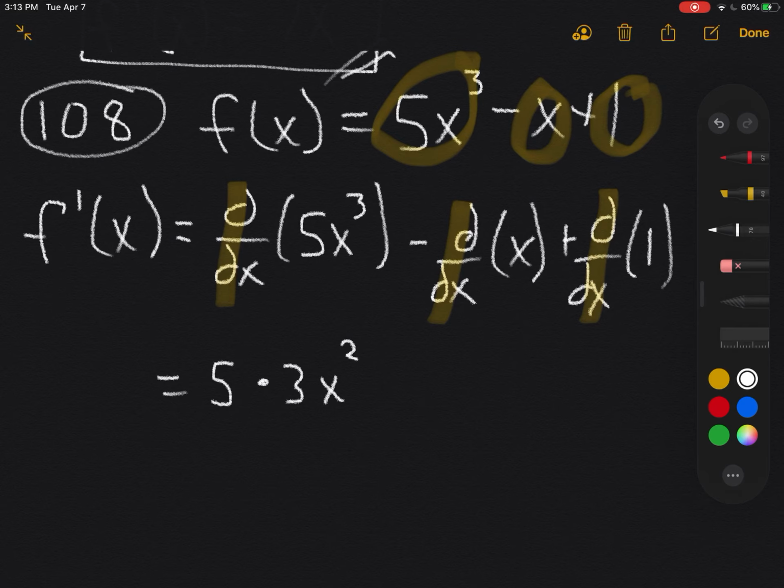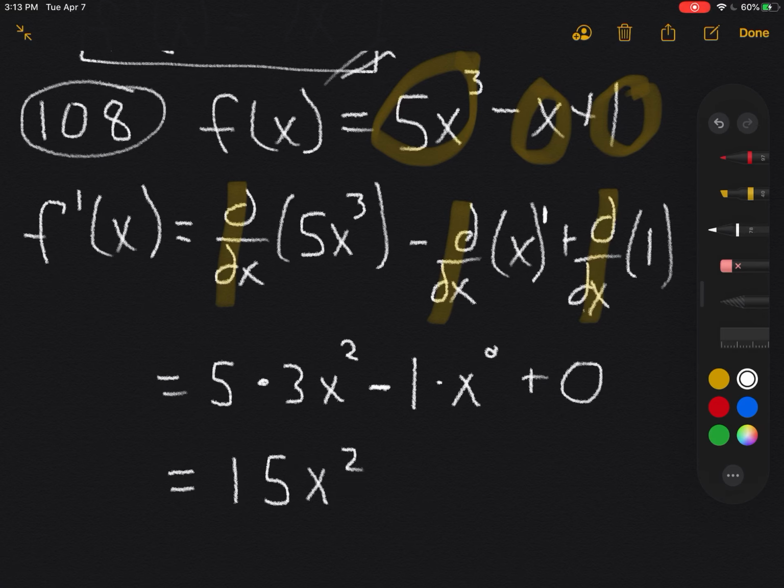So the derivative with respect to x of 5x cubed is 5 times 3x squared. The derivative with respect to x, remember this x has an invisible exponent of 1. So this would be minus 1 times x to the 0. And then the derivative with respect to x of 1 is a constant of 0.